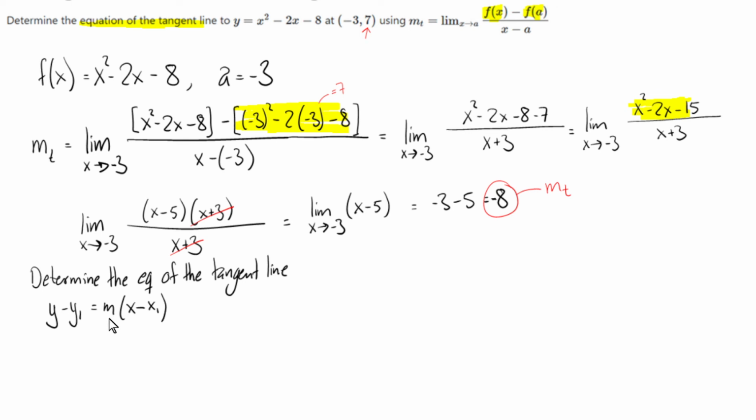We have the slope, it's -8, and we do have a point. We can use the following point and plug it in. So we're going to get y minus 7 equals -8 times x, and so it's minus x1, but the x1 is negative, so it's going to become plus 3.